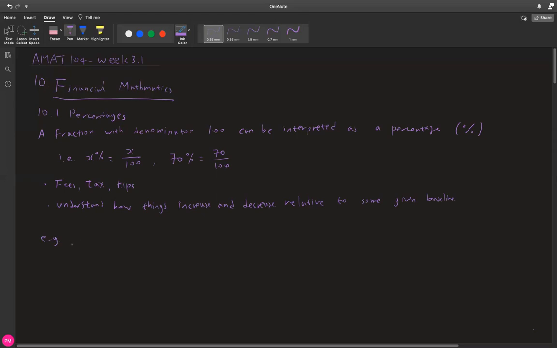Suppose in your English literature class, you scored for quiz 1, let's say, 19 out of 25. On your midterm, let's say you received 49.2 over 60.